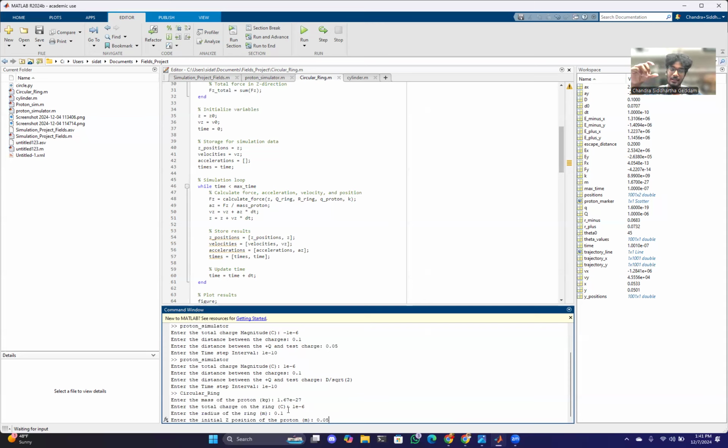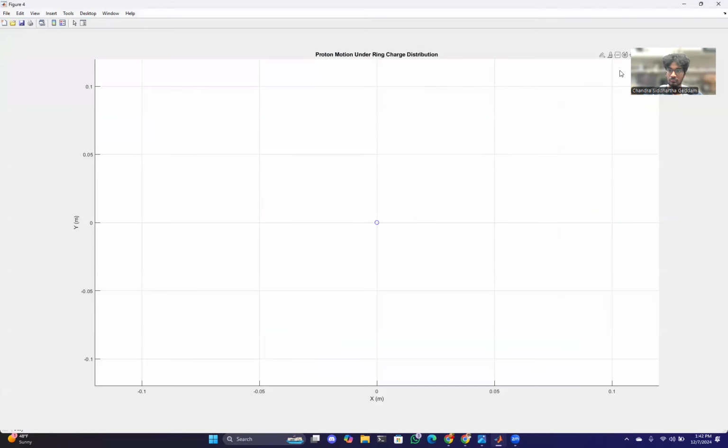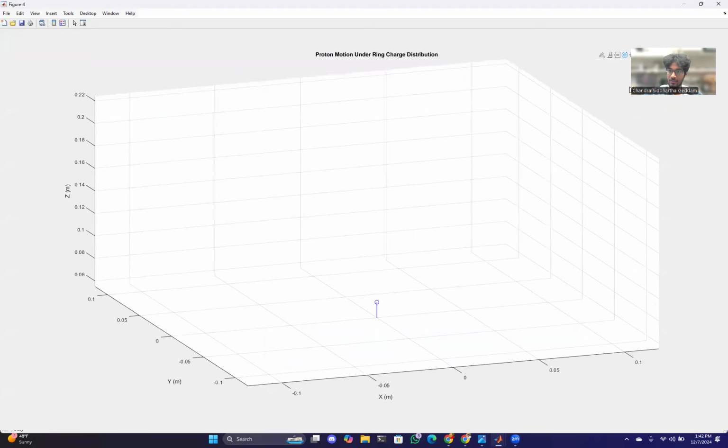I'm basically placing it on the xyz axis, and I'm giving it a little 5 centimeters up in the z axis. And yeah, let's see how the proton behaves with the circular ring. Okay. So for better viewing, I'll take a 3D aspect of this.